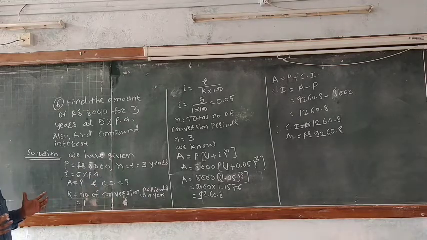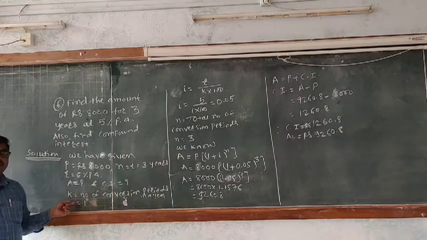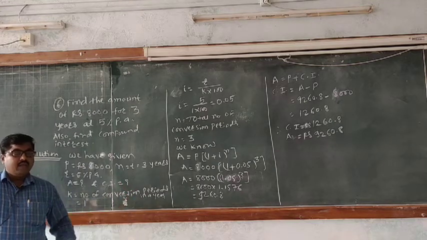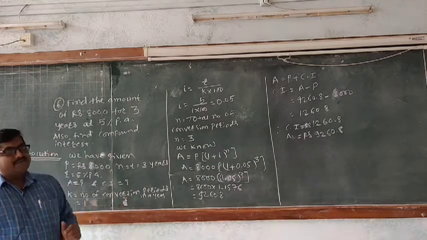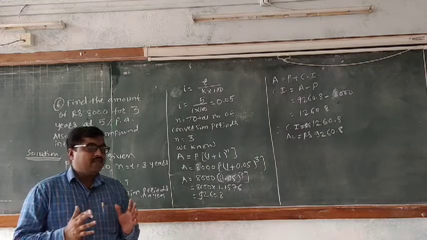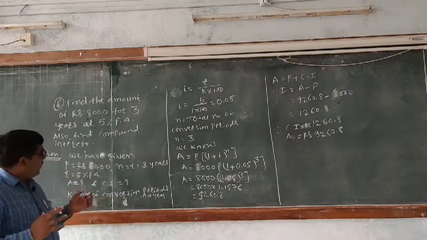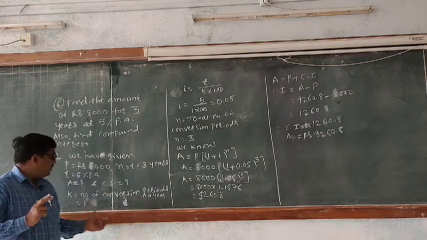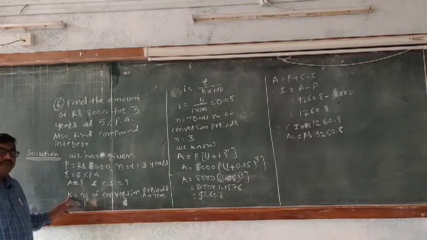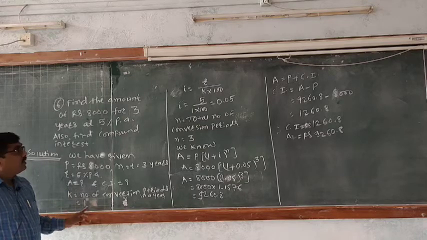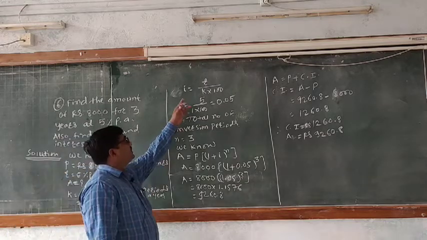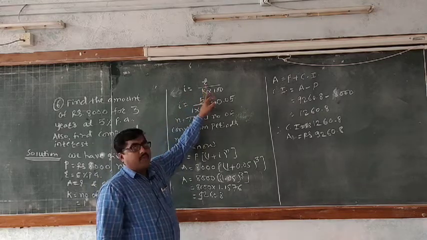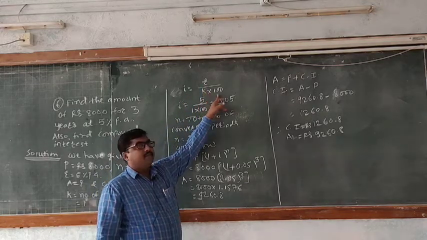So K is the number of conversion periods in a year. Your compound interest is calculated year wise, that's why the number of conversion periods in a year is 1. So K is equal to 1. Next is I. I equals R upon K into 100.